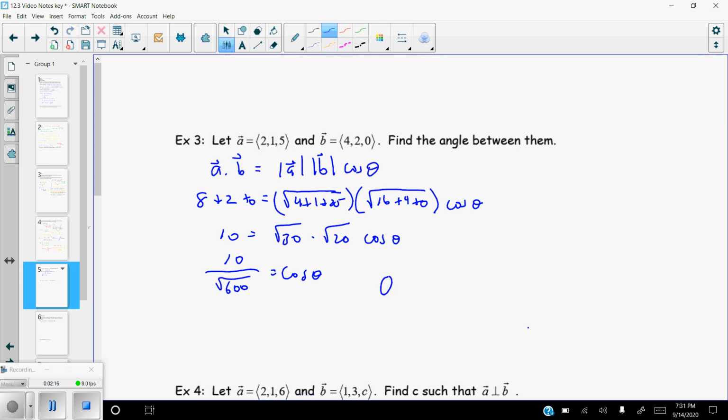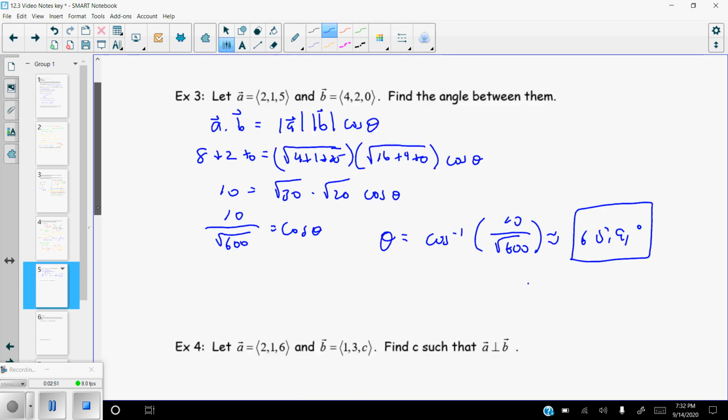Theta is going to equal the inverse cosine of 10 over root 600, which is approximately 65.91 degrees. And yes, we will be primarily using degrees when we have to do angles in this course. So there you go. The angle in between those two vectors is approximately 65.91 degrees.